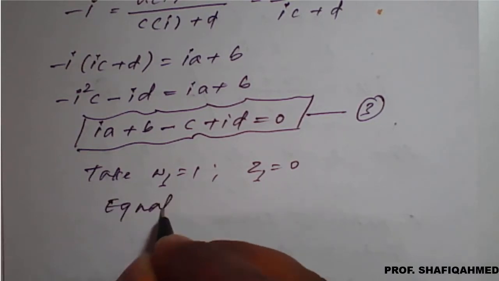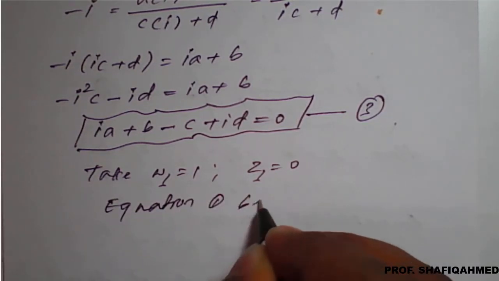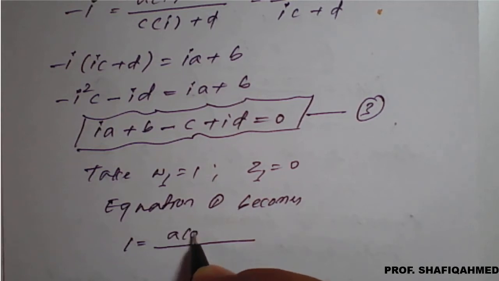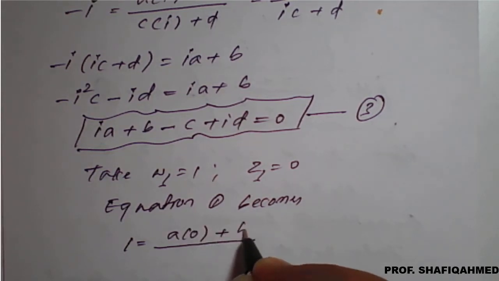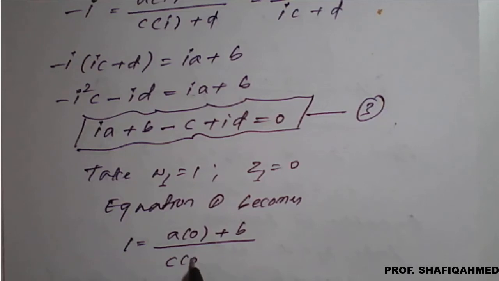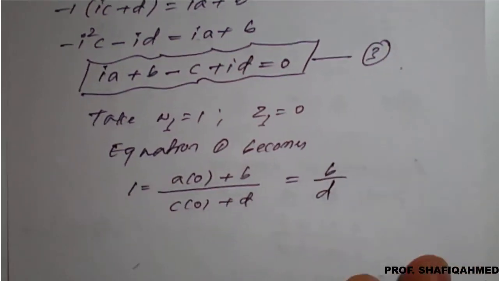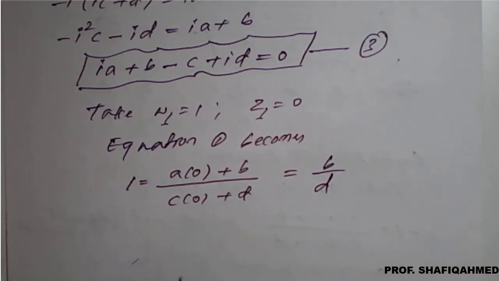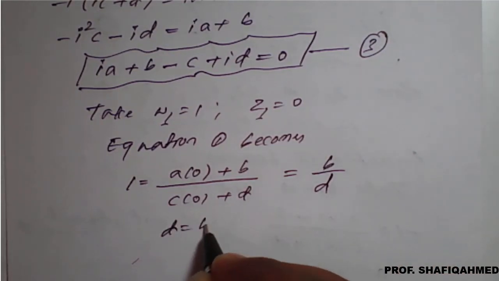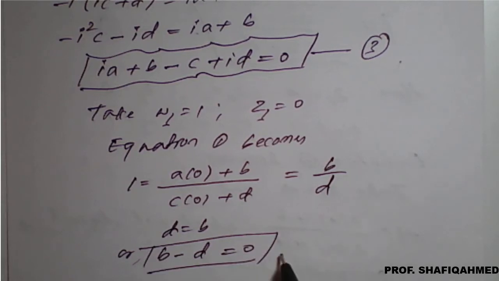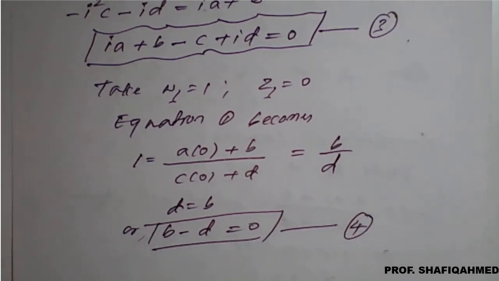Equation 1 becomes 1 is equal to A into Z, that is 0 value, plus B divided by C into 0 plus D, which is nothing but B upon D. So on cross multiplying it will become D is equal to B, or we can write B minus D equal to 0.